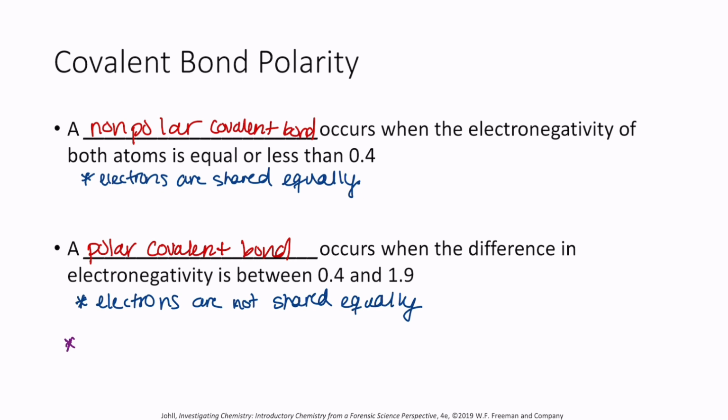If the difference, so delta is change, the change in the electronegativities, the difference in electronegativities is greater than 2, then you have an ionic bond.